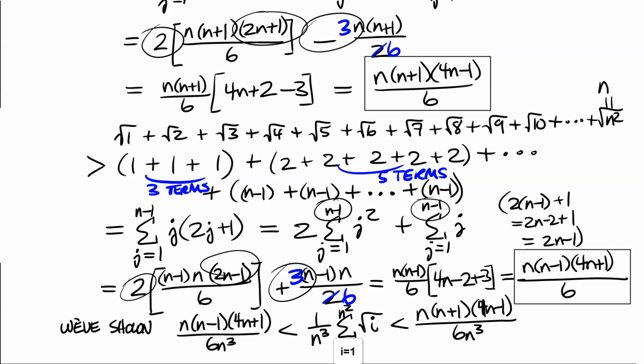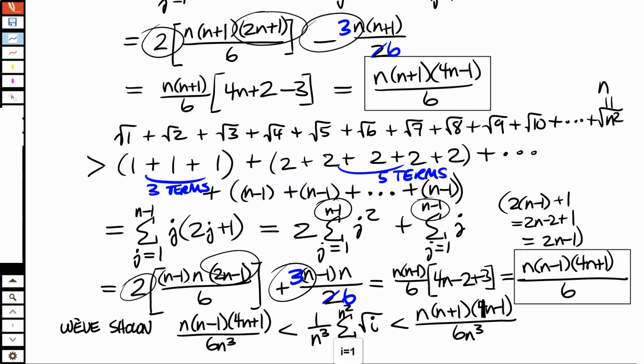But look at the outside expressions now. Since I've divided through by n cubed, what I've got is a rational expression of the same degree on top. The leading term is 4n squared on top of each of those, and the 6n cubed on the bottom. So by some standard facts that if you're doing any kind of Riemann sum problems here, you know this, it's the ratio of the leading coefficients.